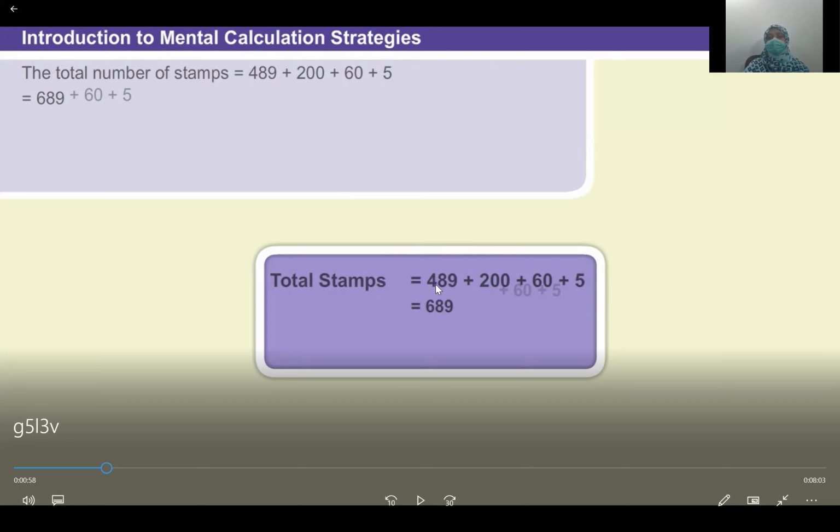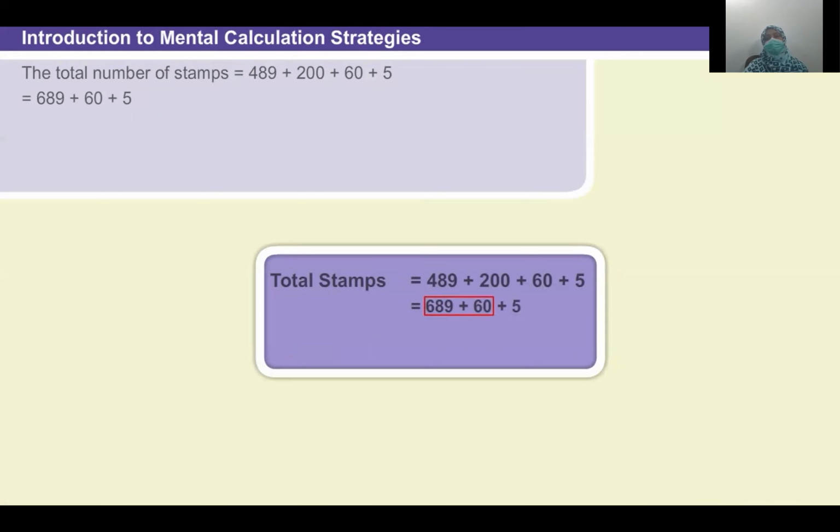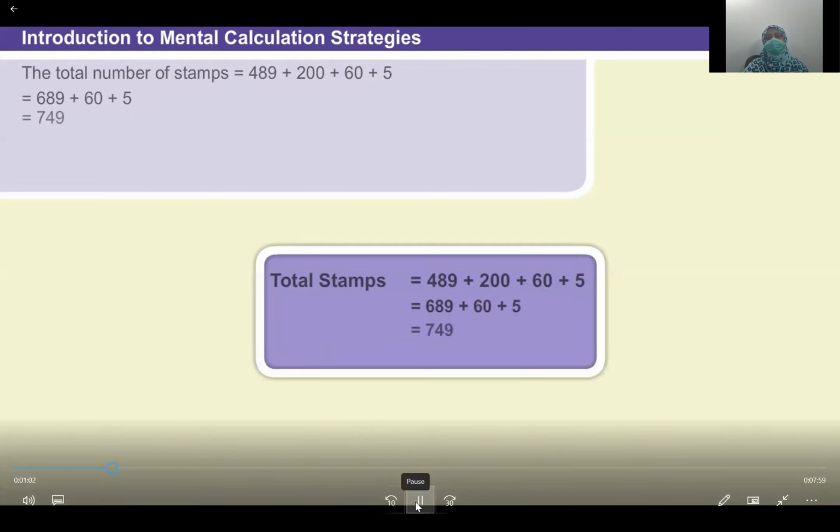So here you have 489 and 200. So how will you add these two? You will be adding 400 and 200, which is 600. Then 89 is there, so you are getting 689. Okay, then write the next two numbers together, 60 and 5. So add the next two.